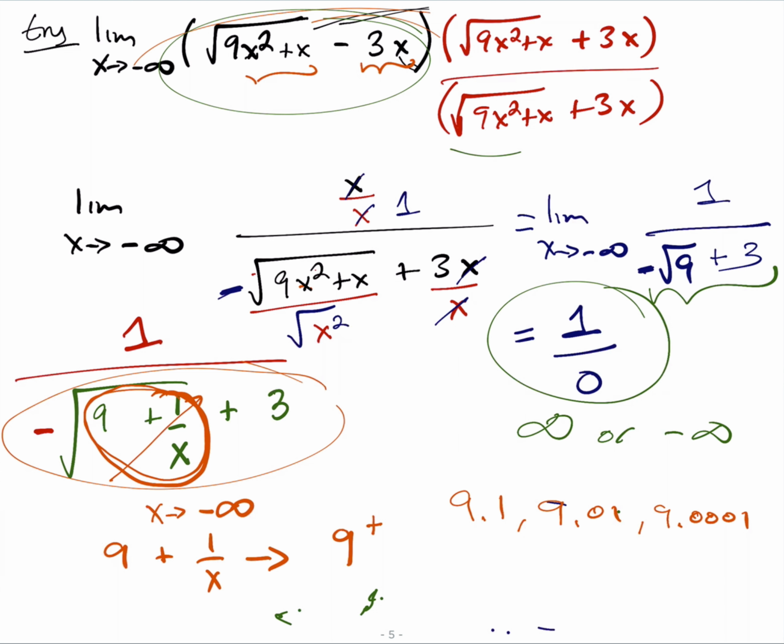It would, right? Yeah. So, did you guys catch that? Okay, so let's make sure everybody's on the same page. X is approaching negative infinity, right? Which means that this 1 over x, so we already know it's going to 0, but it's a negative number, right? Yes? 1 over x is negative. Do you guys agree with that? So if you add a negative number to 9, well, it's going to be less than 9, right? Okay, all right.